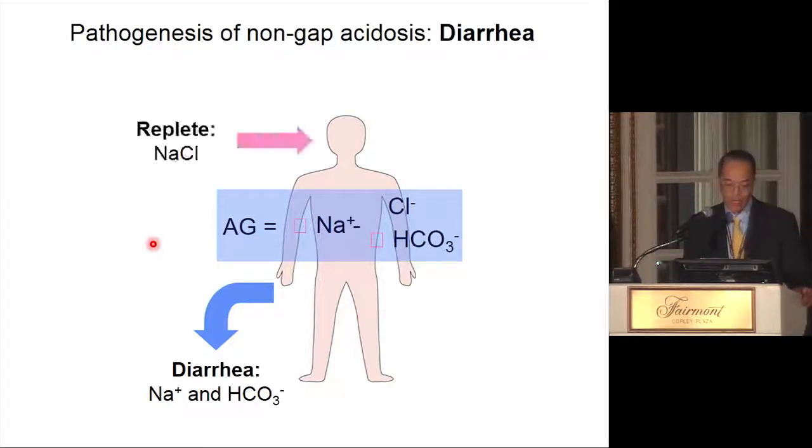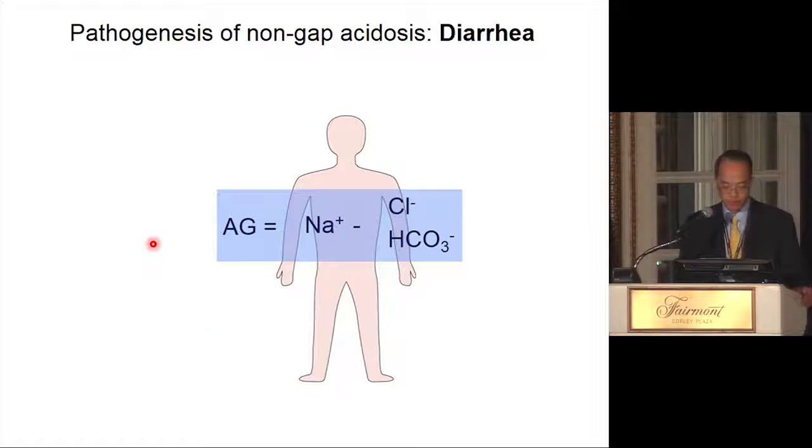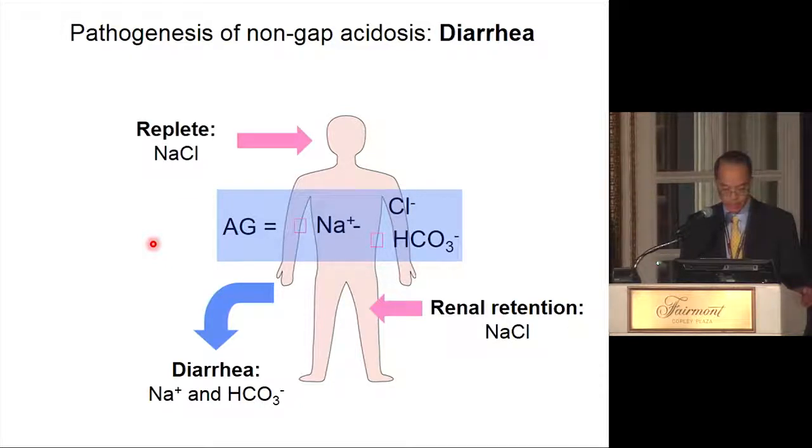Now, as you have diarrhea, you might replete the patient with sodium chloride, which would raise your sodium and your chloride, or your kidneys might attempt to retain sodium and chloride to maintain your volume. So the cation, sodium would go up, and the chloride would go up the same amount. Again, anion gap should remain unchanged.